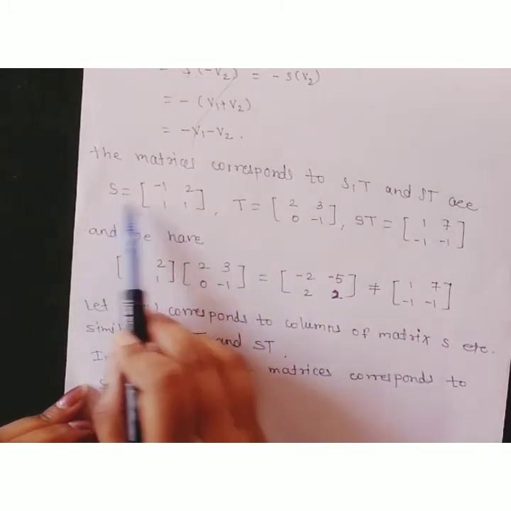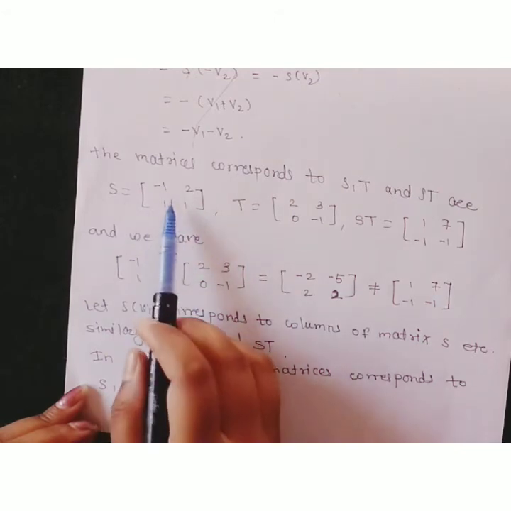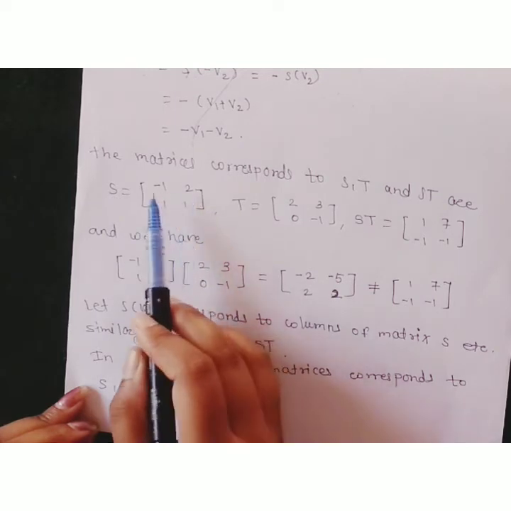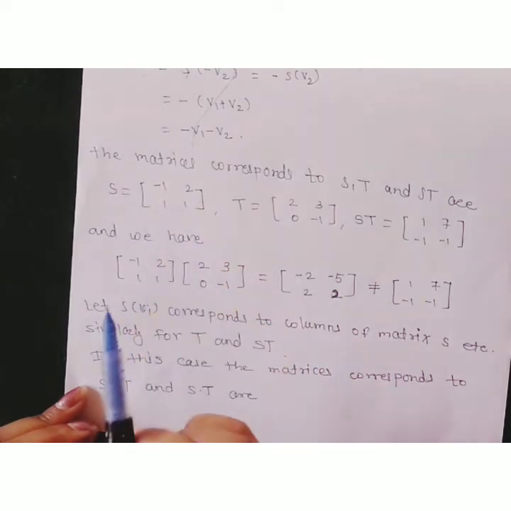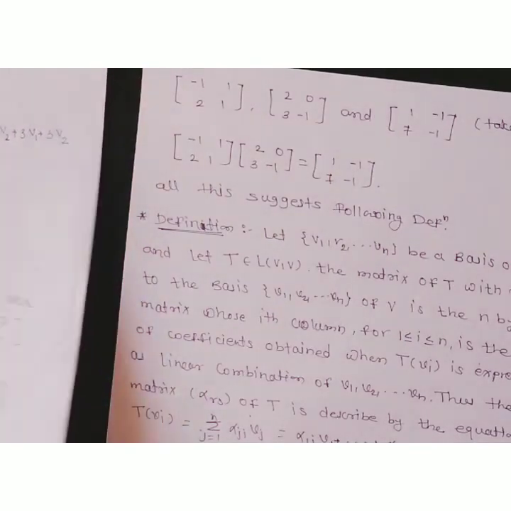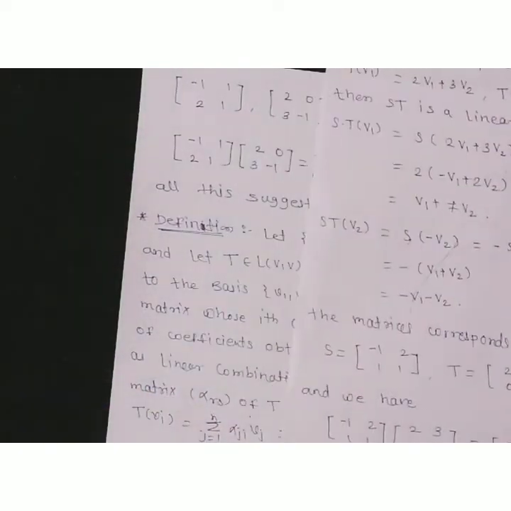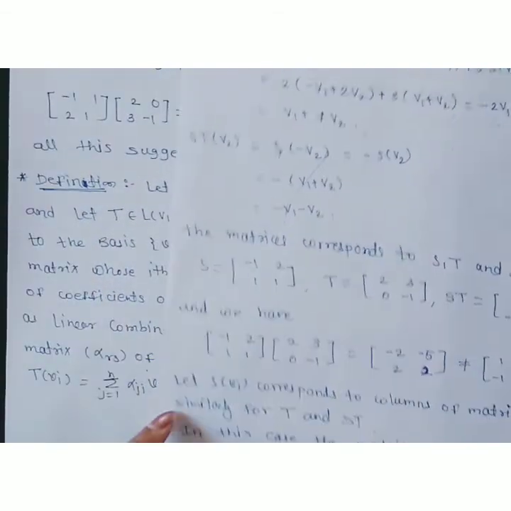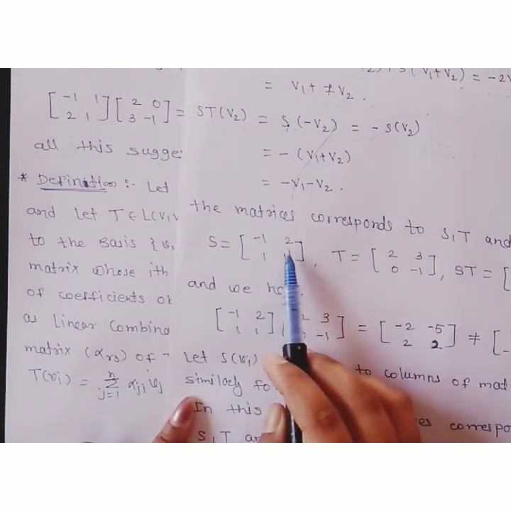Transpose means we take the first row as the first column and the second row as the second column. The first matrix S is [-1 2; 1 1].